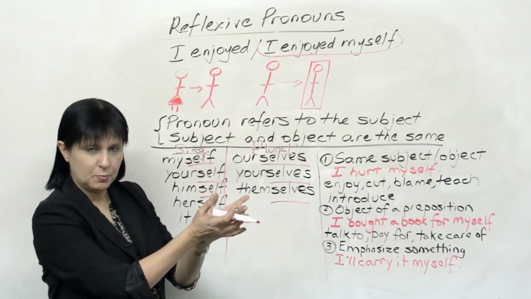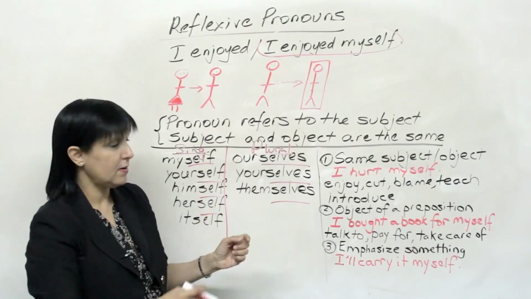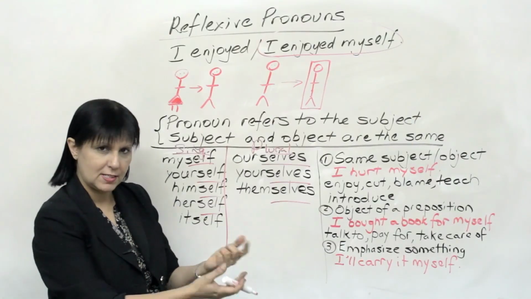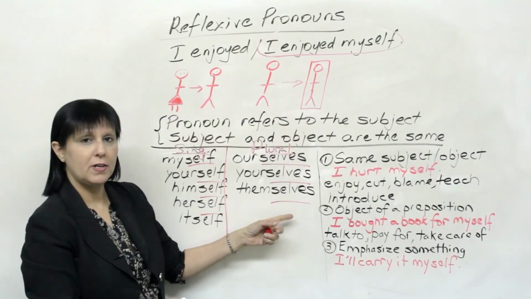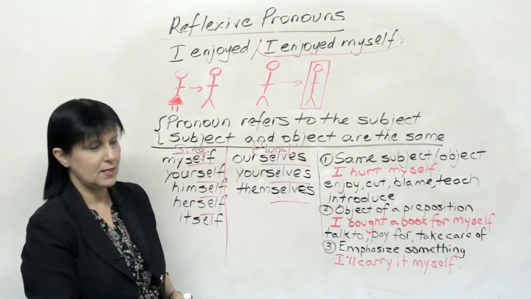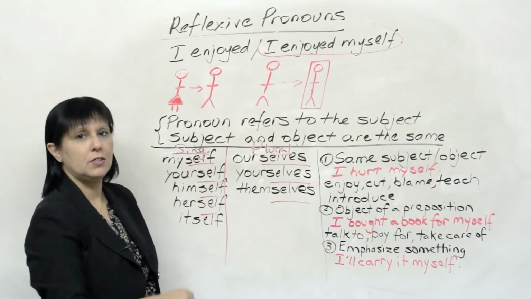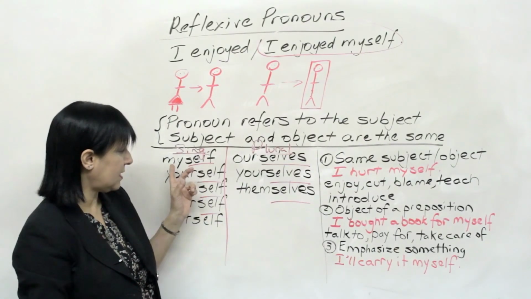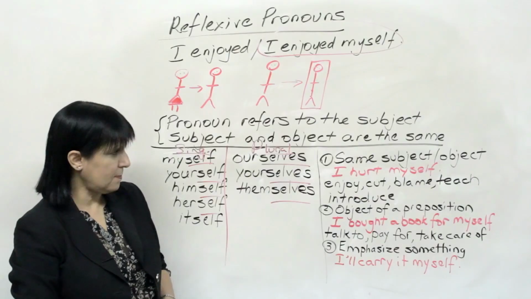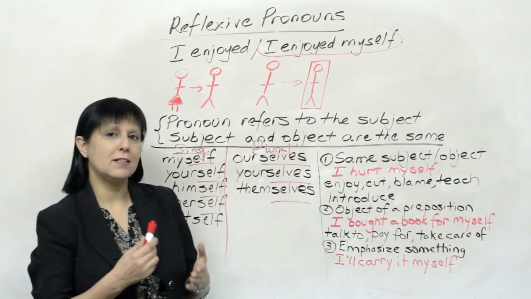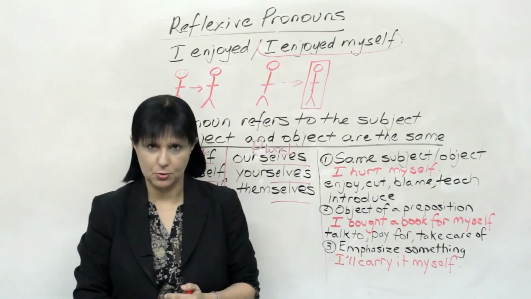You, meaning a group of at least two people or more, you enjoyed yourselves. They enjoyed themselves. Okay? So that's how you use it with the singular or plural form. Now let's look at the context of when we use this.